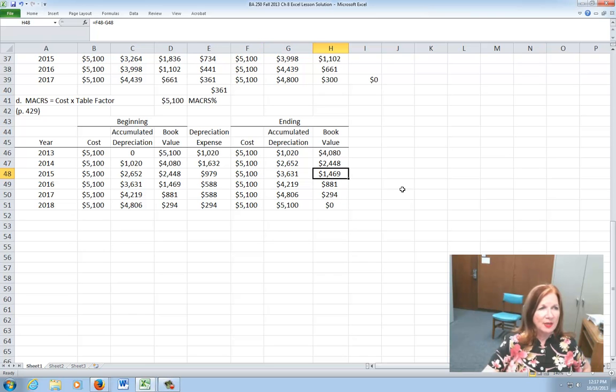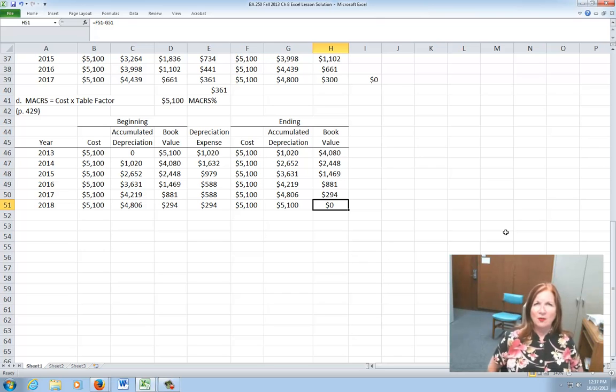Now this one is a derived table that has percentages predetermined, so they will always come out to 100 percent. The other thing is MACRS allows you to take accumulated depreciation for the full cost of the asset, and so you don't have to leave the salvage value in the book value. In the last year you can go ahead and take the salvage value.